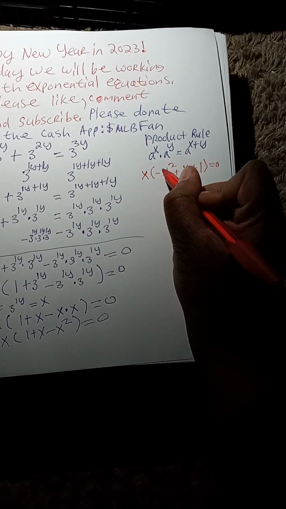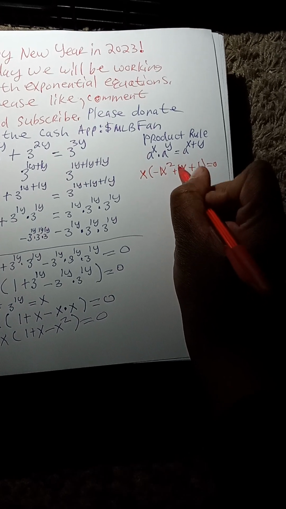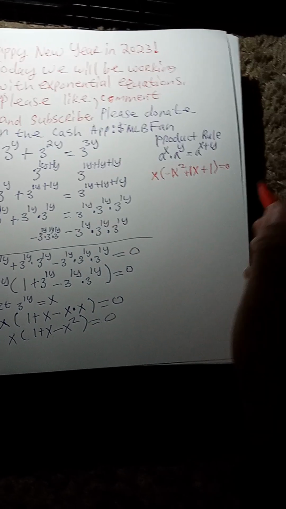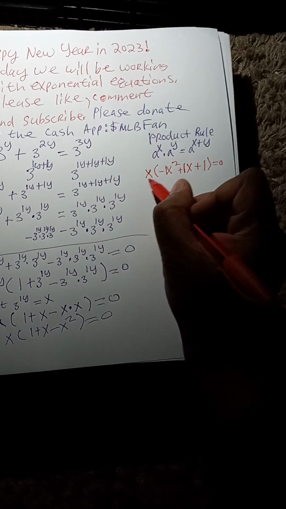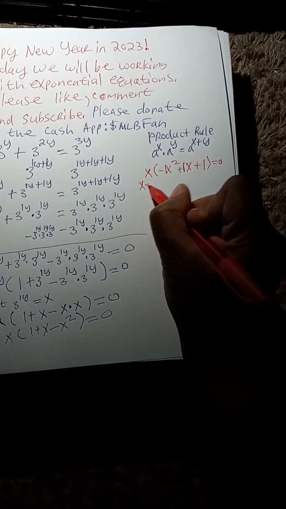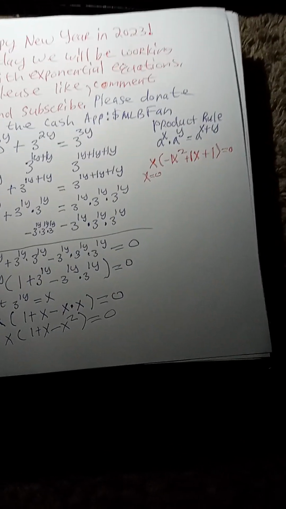And then we want to put a 1 in front of the x's where the coefficient isn't showing. So our first potential solution is x equals 0. And then we have to utilize the quadratic formula.